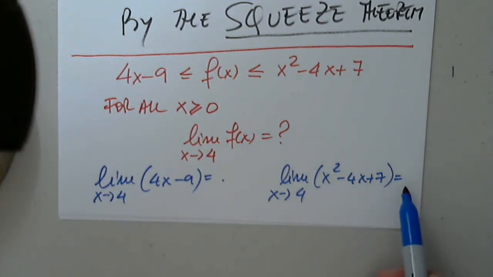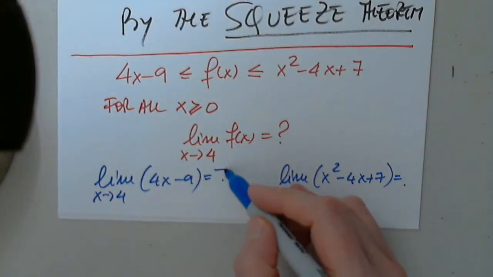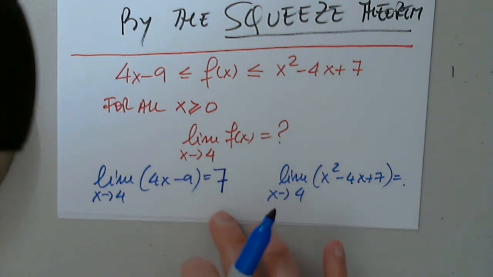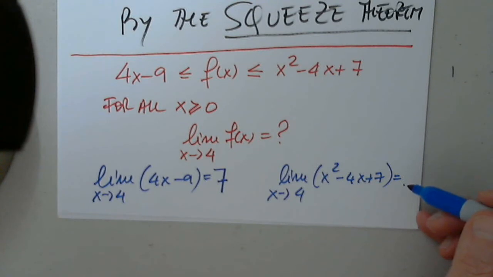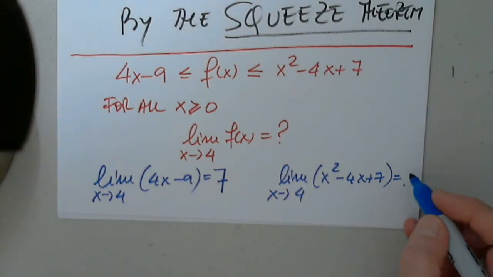So what do you say? Seven. That's it. Do we all agree with 7? Everyone? Yes. Let me know if you say no. It's okay if you say no, I'll show. What about this? That is also 7. Good.